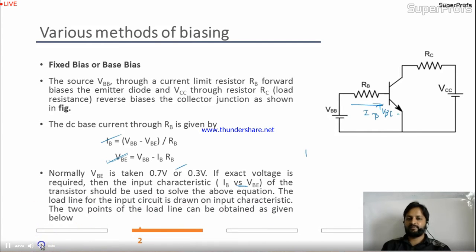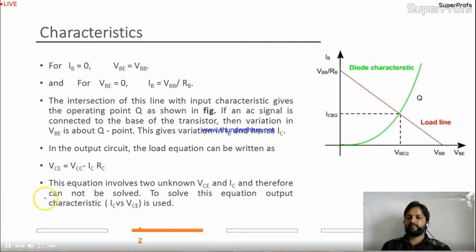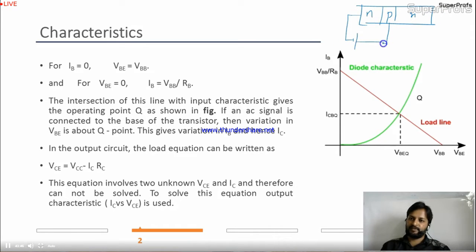See friends, this is the load line, right? And this is the input characteristics. First of all, you have taken the NPN transistor. To this NPN transistor, you have forward biased the input stage and reverse biased the output stage.